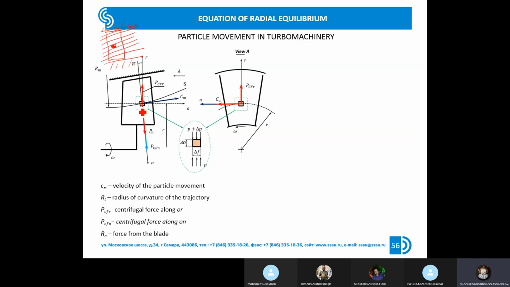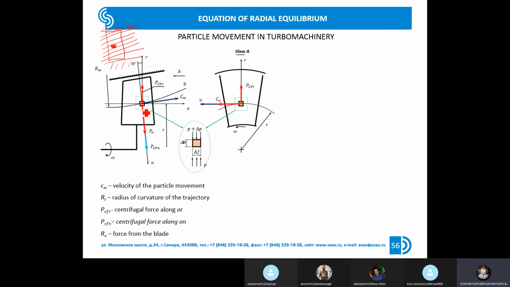And if the particle doesn't move in the radial direction, it means the resultant of all forces which act along the radius is equal to 0. In this case, the point will stay at the same position if the resulting force along the radius is equal to 0.